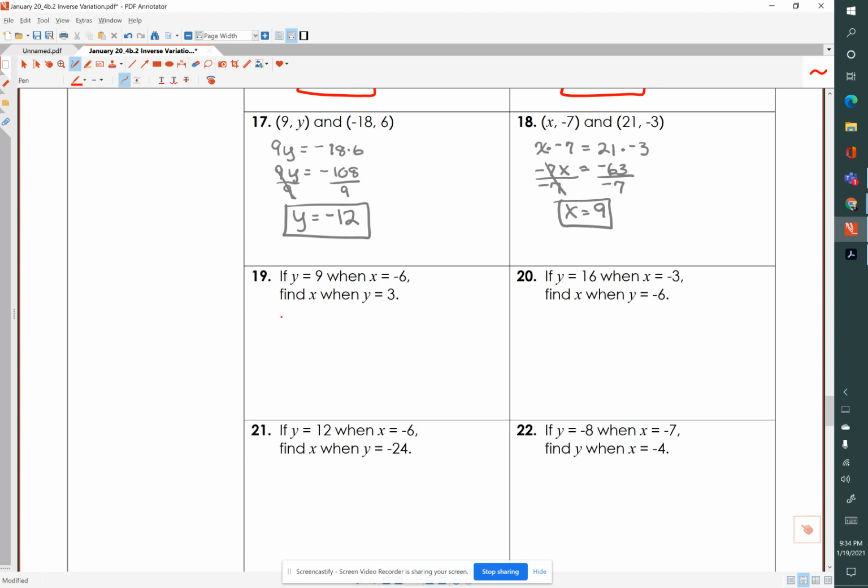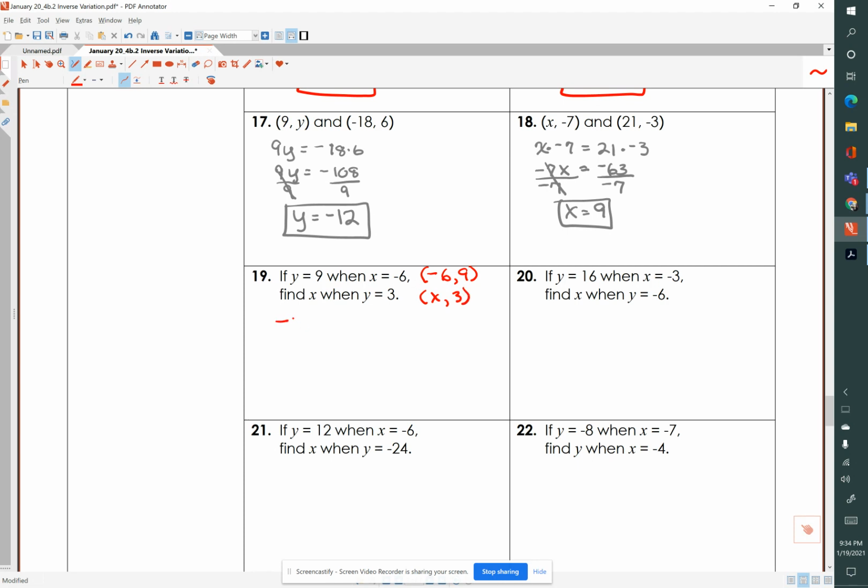And number 19. Be very careful when you read these. If y equals 9 when x equals negative 6, take a moment and write down that ordered pair so you don't get confused when you do the problem. Find x, so we don't know what x is, when y equals 3.